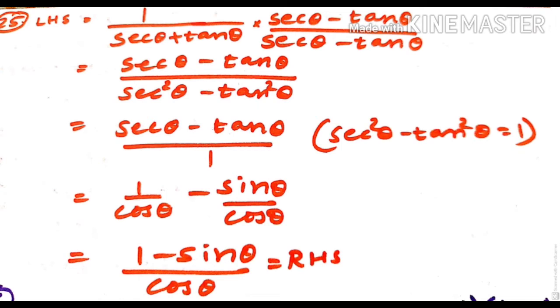So here we converted afterwards in sine and cos, and then you check in the numerator and the denominator, cos theta is common. So the numerator you can take as 1 minus sine theta upon cos theta, which is your right hand side. So students, sometimes you have to check the right hand side, what you want.